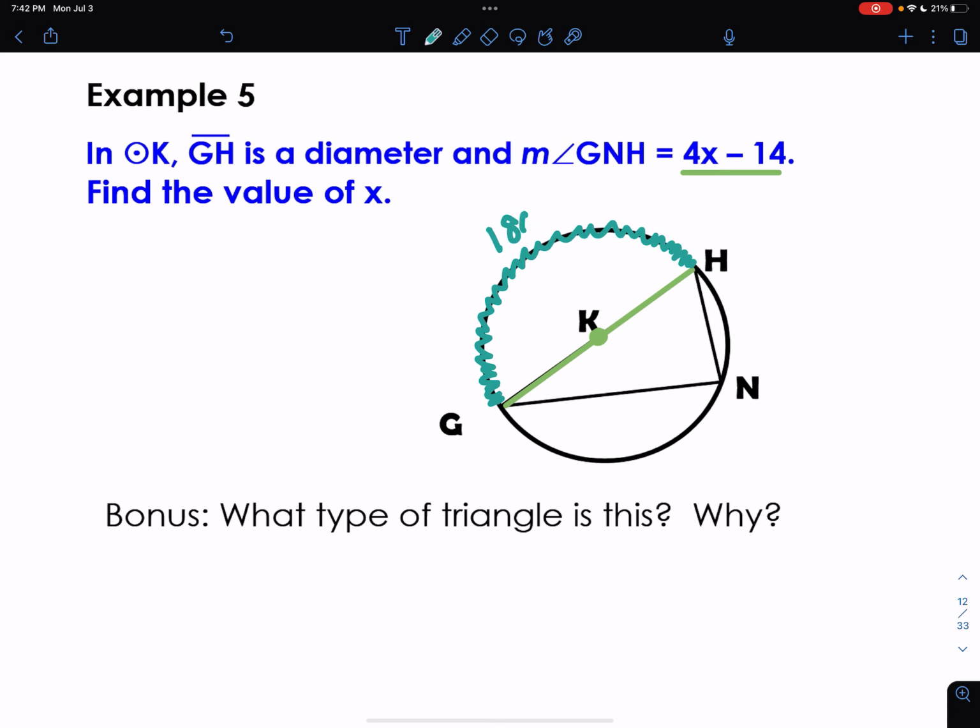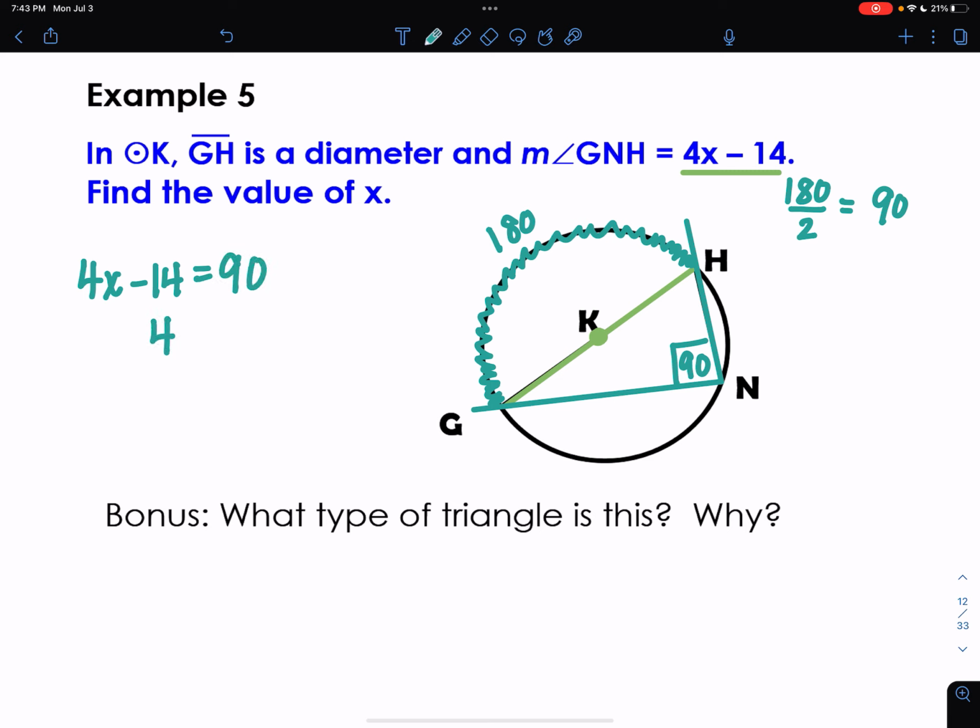So this must be 180 degrees. Then when I take a look at angle G and H, we see it intercepts that semicircle. So 180 divided by 2 gives us 90 degrees right here. Right? So it is a right triangle, and we can say 4x minus 14 equals 90.